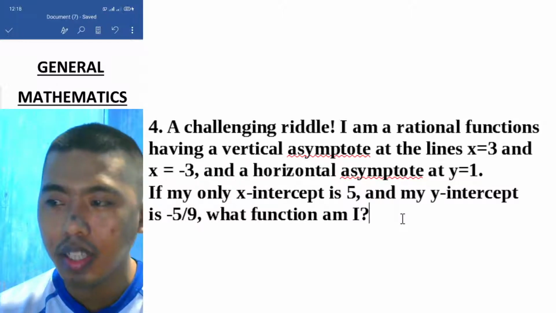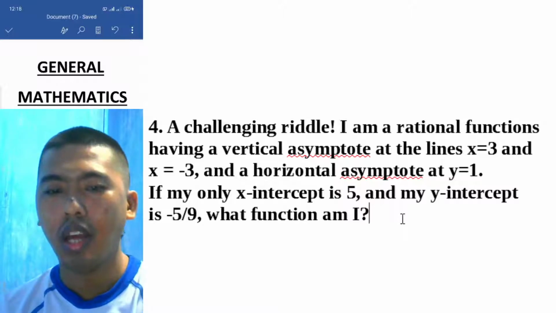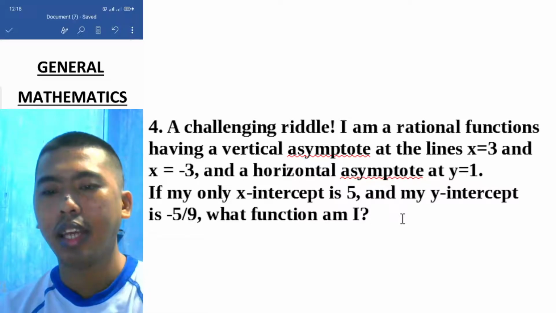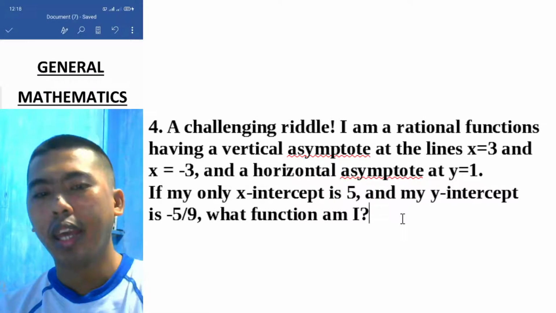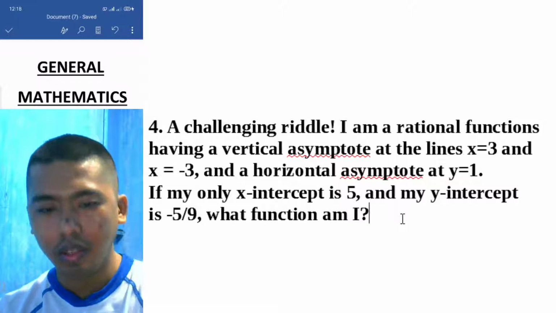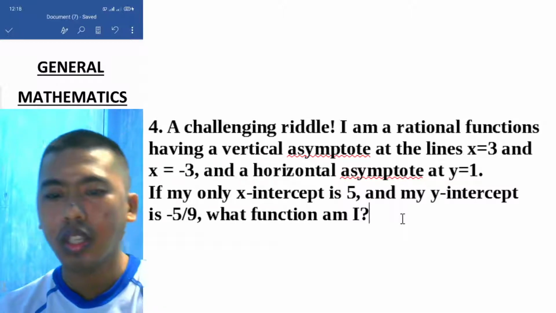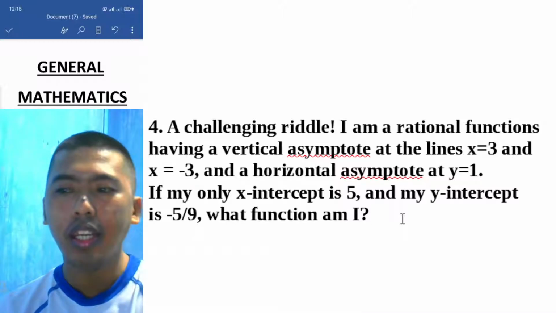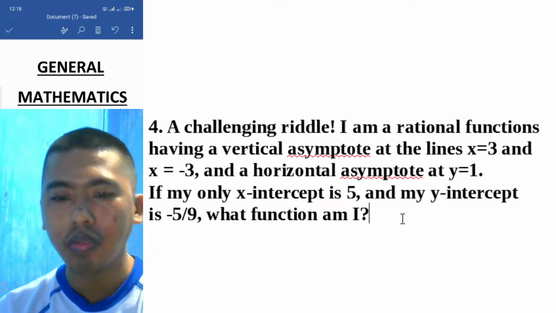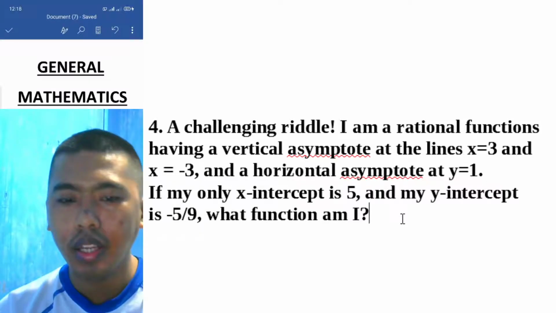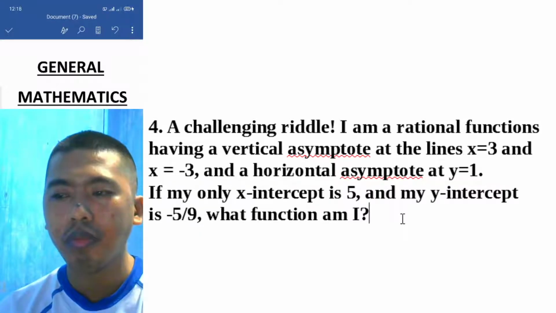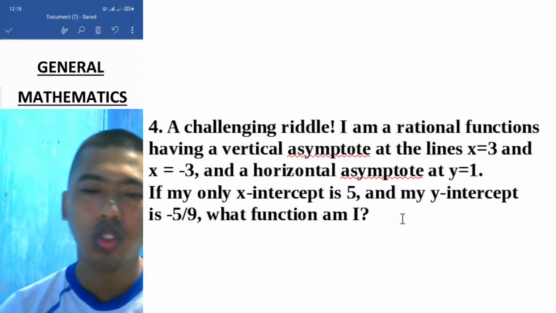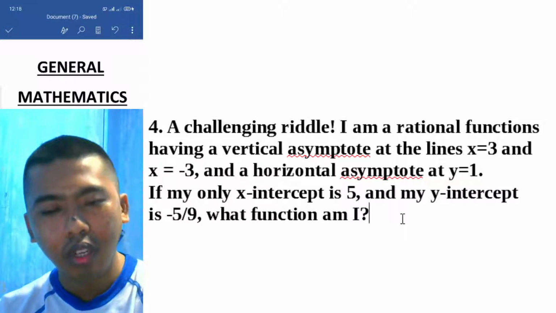I am a rational function having vertical asymptotes at the lines x equal to 3 and x equal to negative 3, and a horizontal asymptote at y equal to 1. If my only x-intercept is 5 and my y-intercept is negative 5 over 9, what function am I? Okay, so your answer should be in a function form.